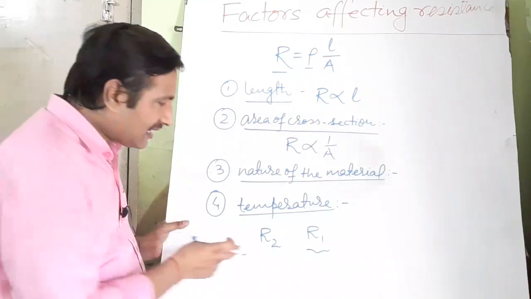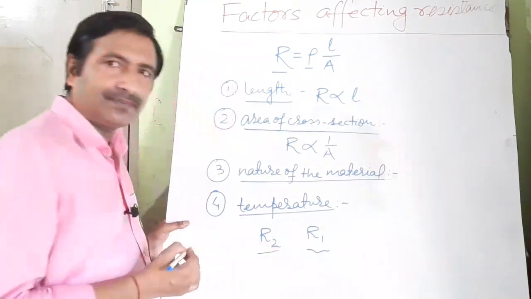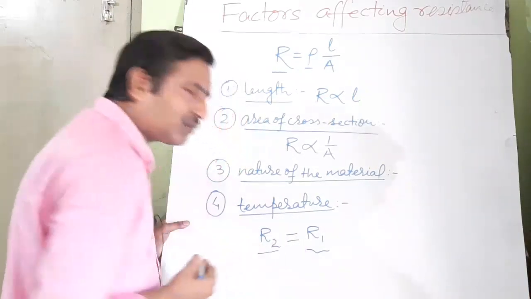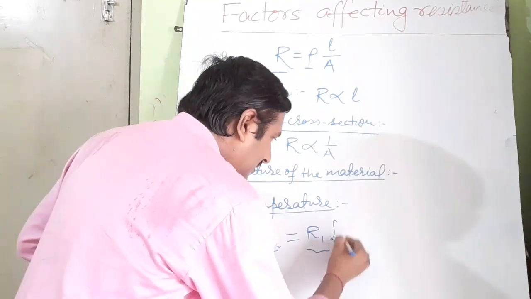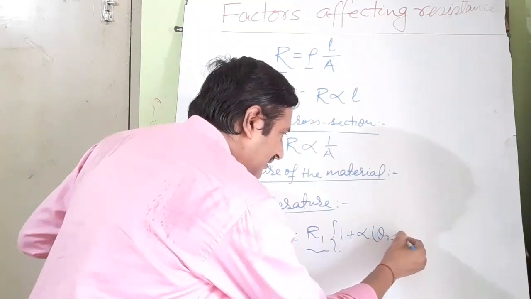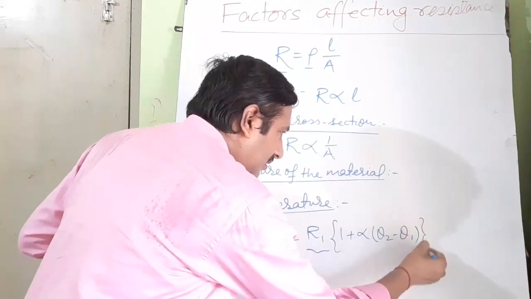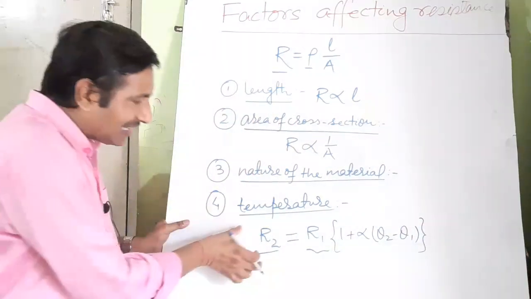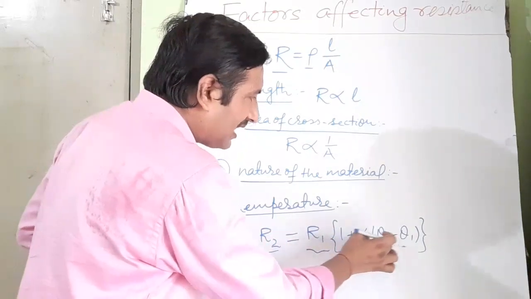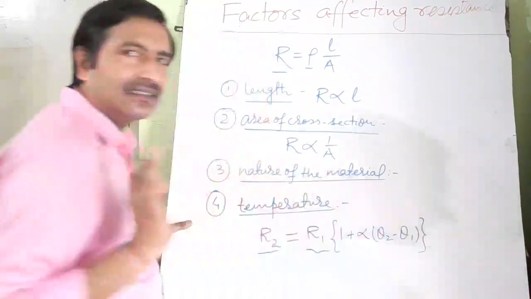Then the resistance has changed to R2, and these are related as R2 is equal to R1 into 1 plus alpha times theta 2 minus theta 1. Got it?